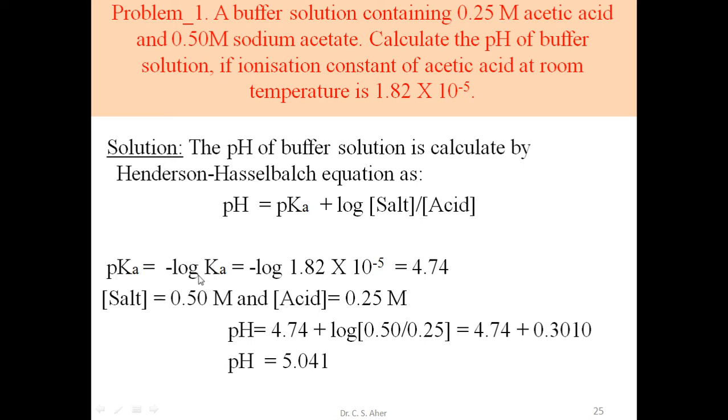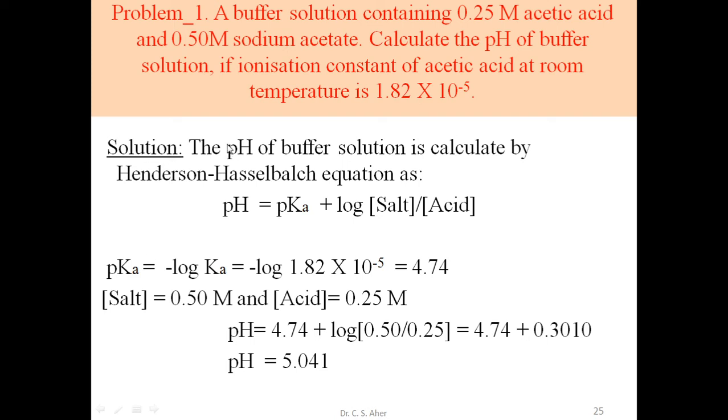What is Ka? This is the ionization constant of acetic acid, which is equal to 1.82 into 10 raised to minus 5. Put this value in, taking its negative logarithm, and we get the final answer as 4.74. 4.74 is the value of pKa.